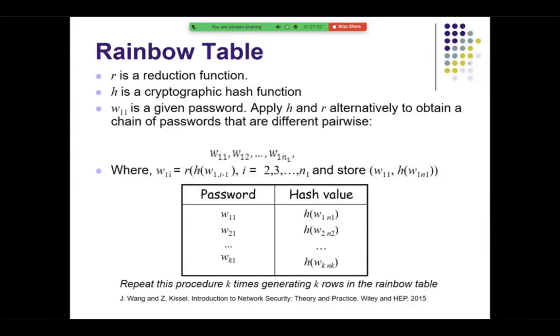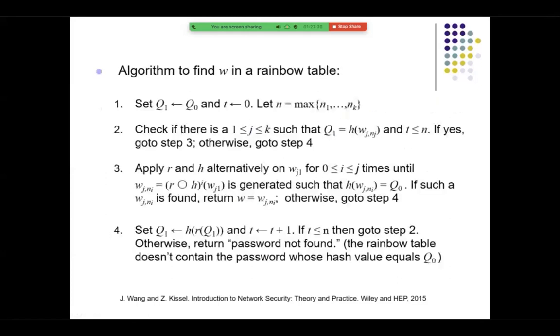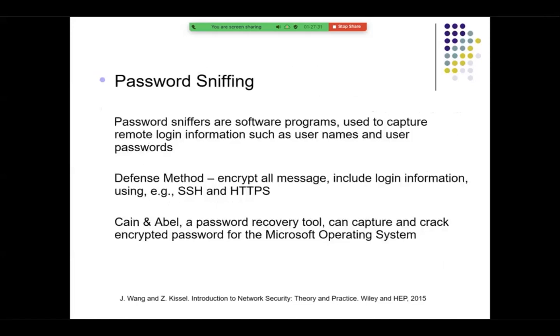Now let's go back to our slides. So I already explained how a rainbow table works. These are just formal writing of what I explained earlier on the whiteboard. Okay, so the last attack will be password sniffing. This has to do with network communication.